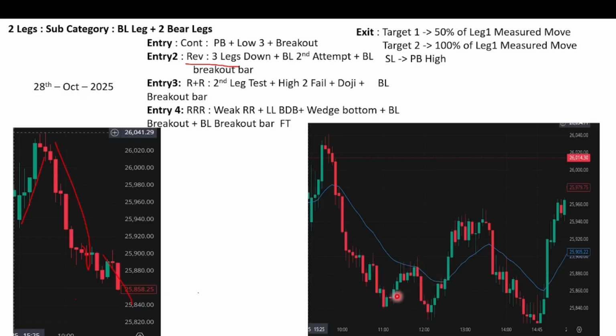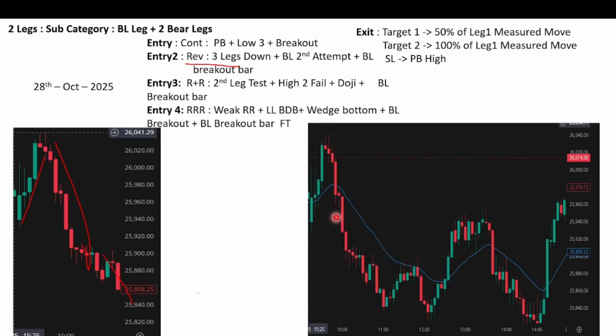So here they made one attempt and here it is the second attempt, or if you just consider this as a pullback, even that is looking stronger. Bull breakout bar, you can enter here or here. So after that, reversal plus reversal. What we will be looking out for is the second leg test.